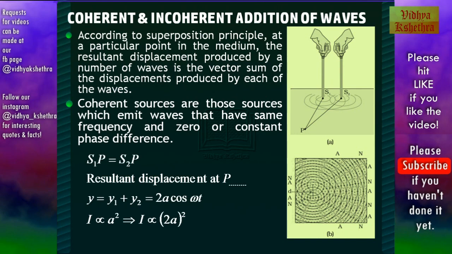So the resultant displacement at P is given by Y, which is the sum of the displacements from S1 and S2, that is Y1 plus Y2. Since they are equal, we can write it as 2a cos omega t.